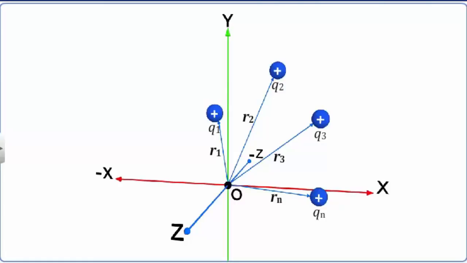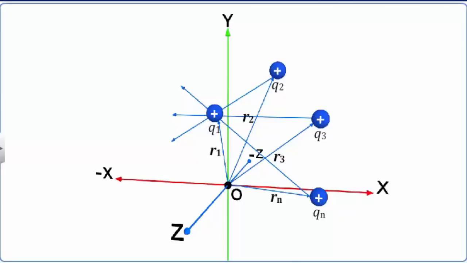To find the net force on any charge in such a system, we first calculate the electrostatic force on that charge by each and every other charge of the system. Then, the net electrostatic force on that charge is equal to the vector sum of the individual electrostatic forces on that charge due to every other charge of the system of charges.